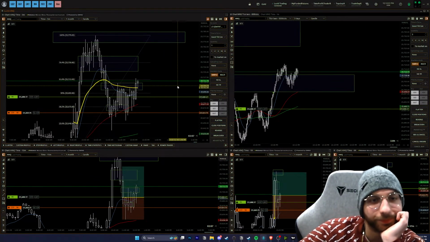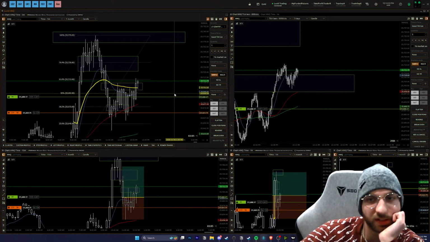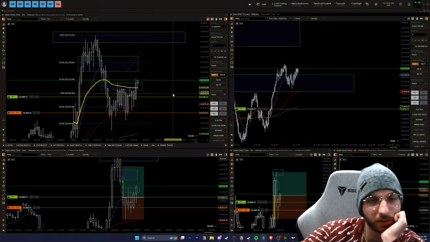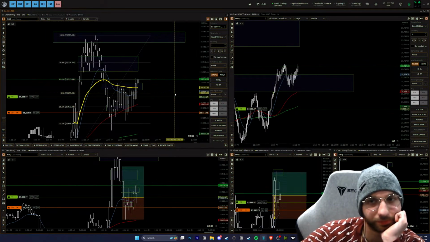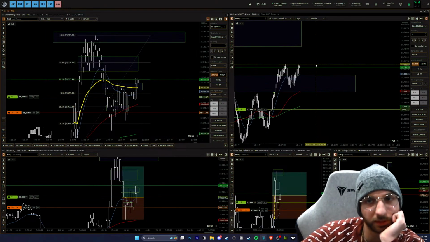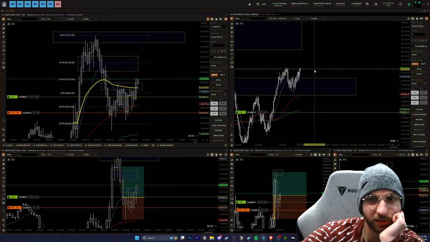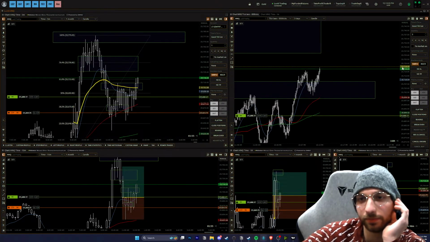Oh wow. 2 minutes to this candle and we haven't done much. Yes. Break 15s. Go look at 20s.